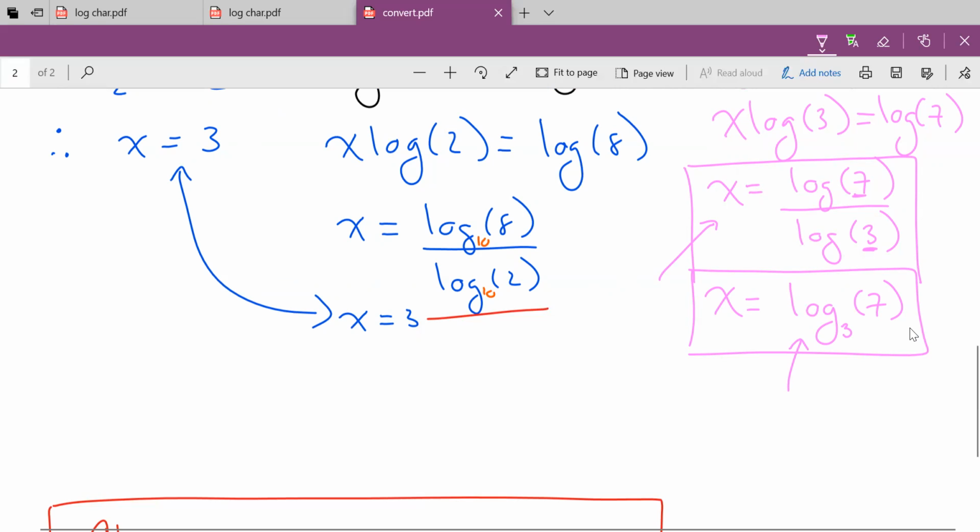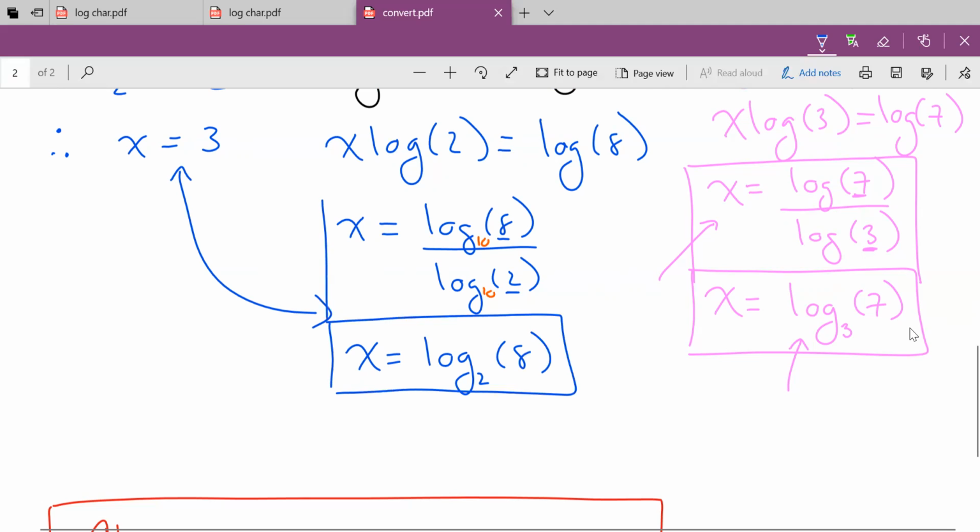If I wanted to come over to the other one right here and write this in a slightly better way, all I would do is say the argument of my denominator becomes the base of my simplified log, and the argument of my numerator is the argument of my simplified log. These two are the exact same thing.